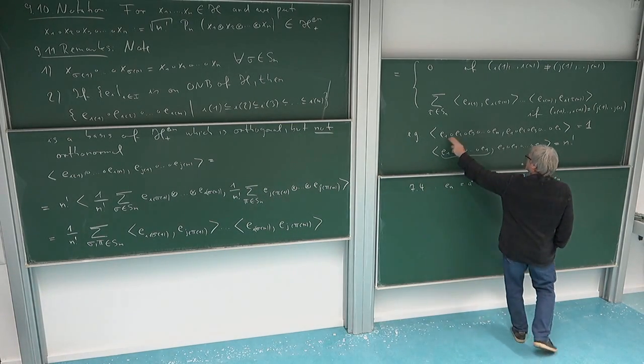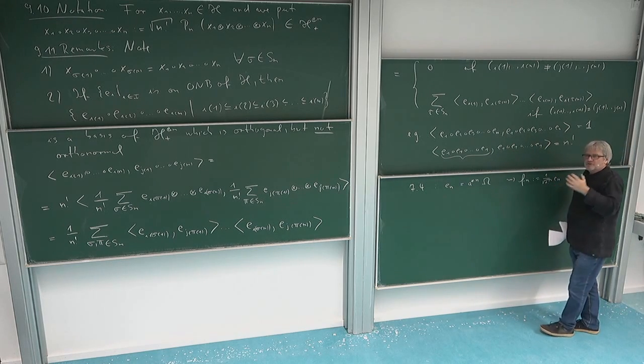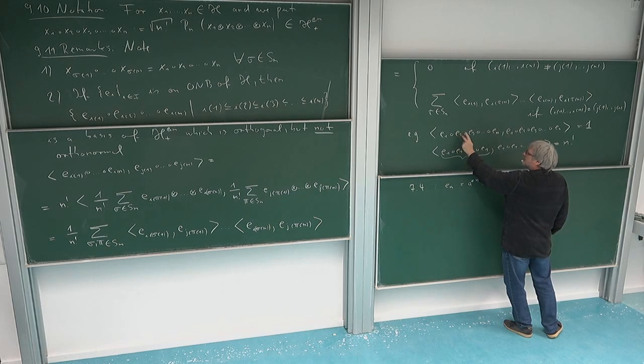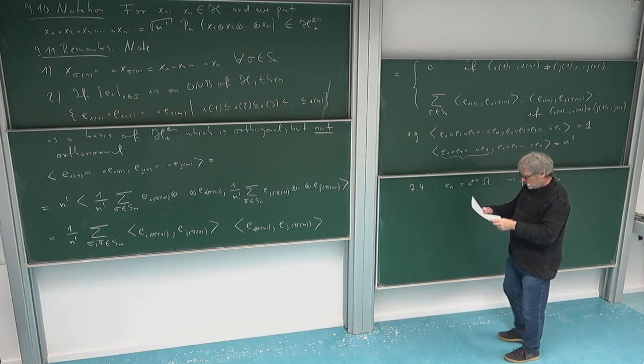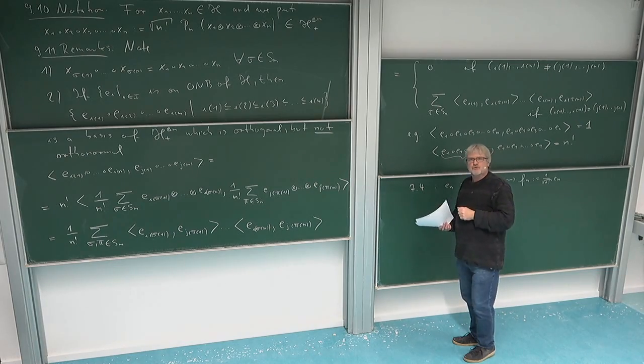It depends not only on n, it's not a factor which is the same for all of them, because otherwise I could just divide it out. It really depends on how many of the indices here are the same and how many are different. Good. Okay, so as I said, this has an advantage for defining creation and annihilation, and so now I really should do this.